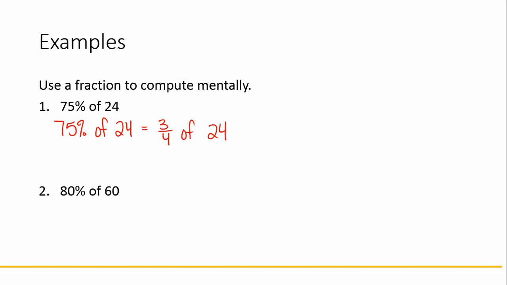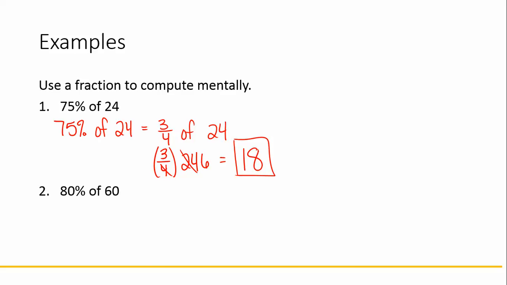Now to find 3/4 of a number, we can multiply the two together. So we do 3 over 4 times 24, and if we cross cancel, 3 times 6 is 18. So 75% of 24 would be 18.